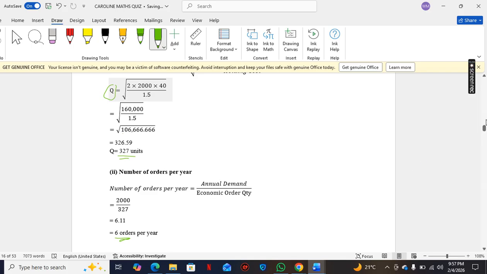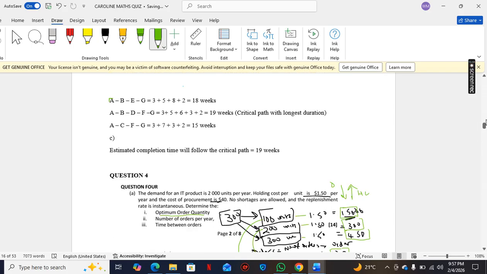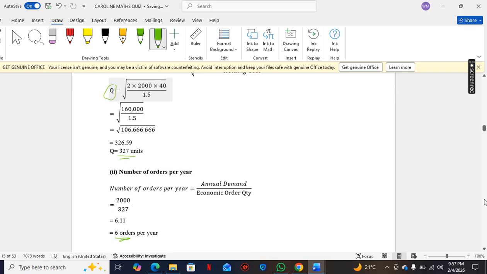Okay, I don't think it asked about the annual order cost. But if it asks for the annual order cost, it just says 6 times 40. The annual order cost is just number of orders per year times the cost per order. That's the annual ordering cost.